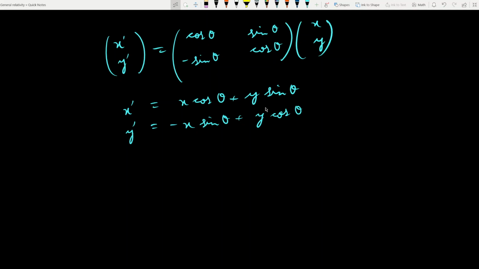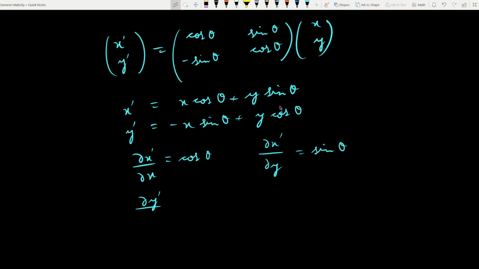Now let's find del x primed over del x. This would turn out to be cosine theta, and del x primed over del y, this would be sine theta.